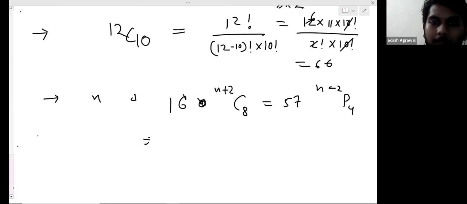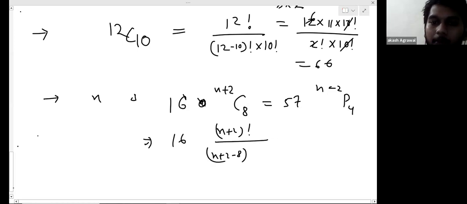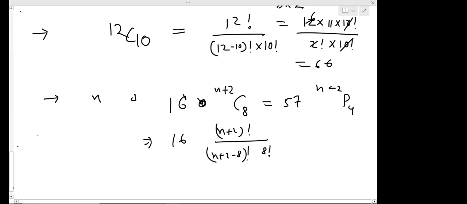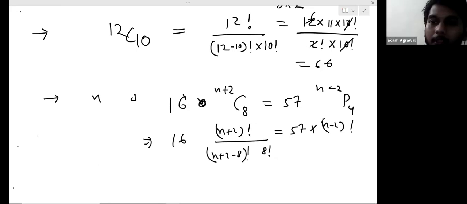Look. 16 is 16 times n plus 2 factorial whole divided by n plus 2 minus 8 factorial and 8 factorial. This is equal to 57 into n minus 2 factorial whole divided by n minus 2 minus 4 factorial and 4 factorial.